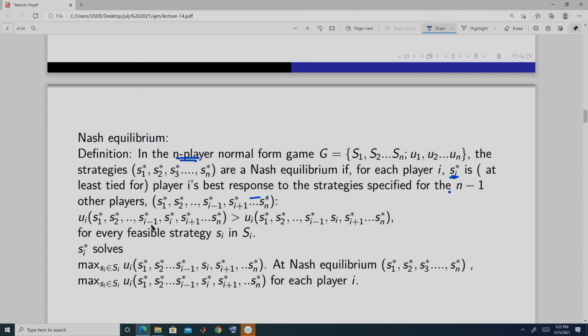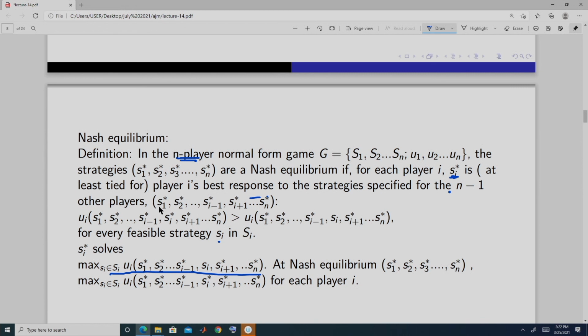It means that the payoff from playing Si star is at least as much as from any other element in S. If we plug in Si star, it should be equal, but for any other it should be greater than, for every feasible strategy Si. So Si star solves this problem: it maximizes the utility given all others are playing their strategies. And it should be true for all players.